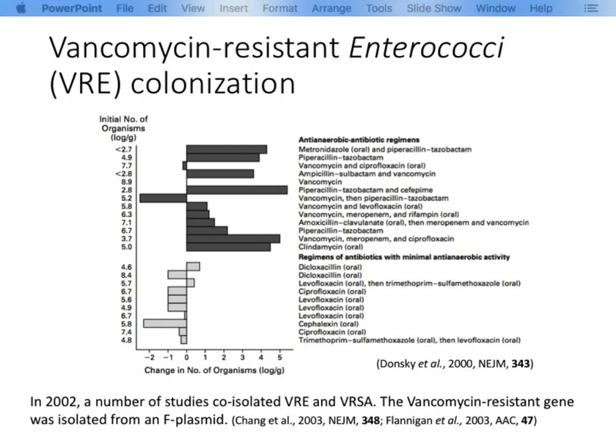The ones on the bottom, the light gray, are targeted and work really well against aerobic microorganisms and less well against anaerobic.